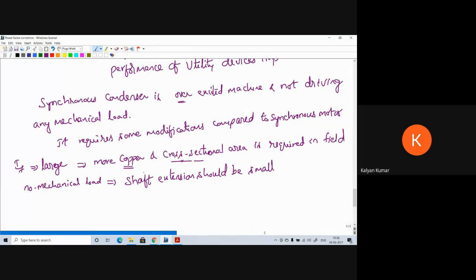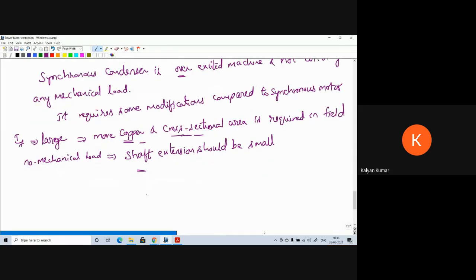So these two are the electrical and mechanical modifications that we have to incorporate in a synchronous condenser as compared to a synchronous motor of the same rating. From the electrical point of view, in the field winding we need to use more copper with large cross-sectional area, and from the mechanical point of view, the shaft should be small.